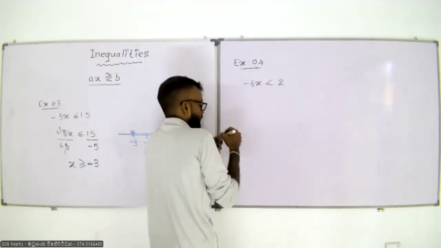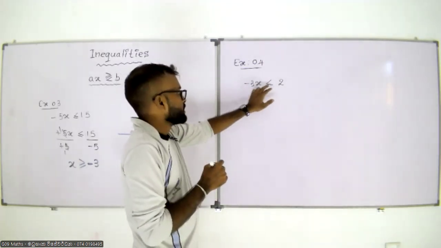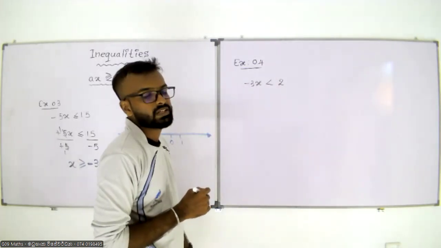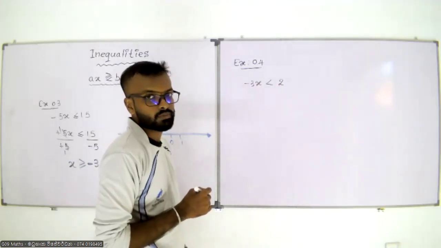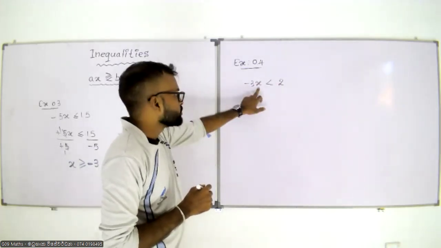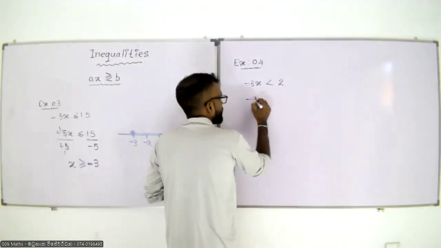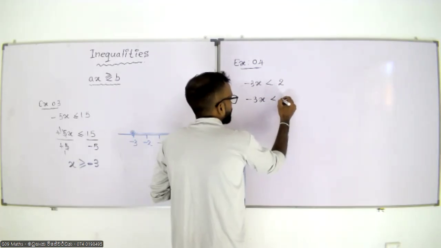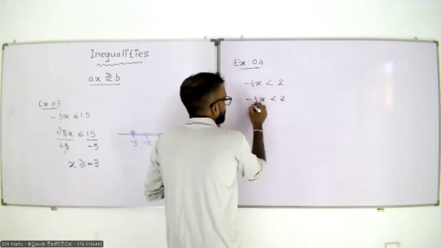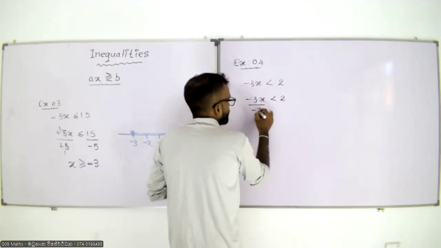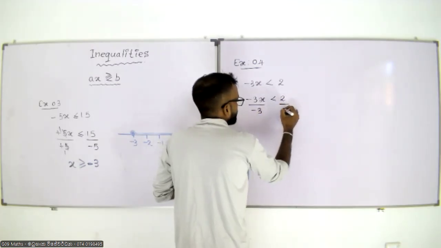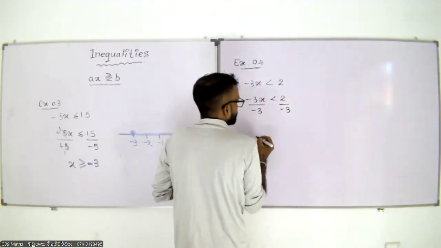Example number 4. So -3x less than or equal to 2. So how to isolate x on the left hand side? I will rewrite this one for your understanding. So I'm going to divide this side by -3 and at the same time the other side by -3.